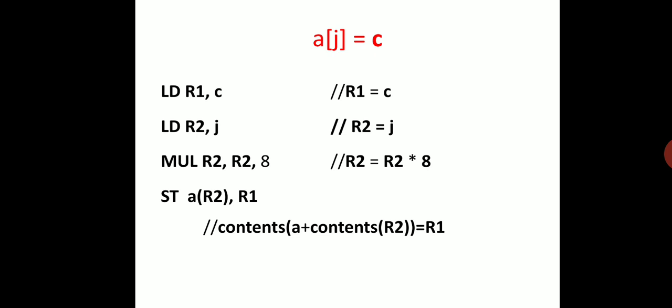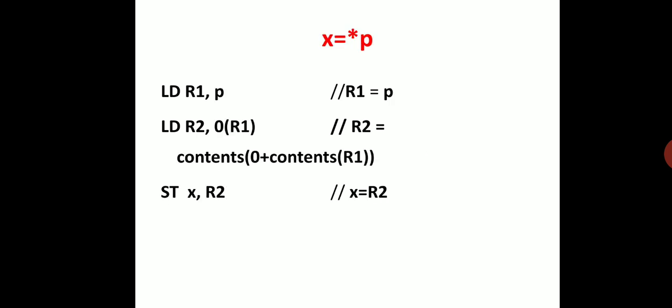That is given in the third statement, MULT R2 comma R2 comma 8, that is, j in R2 is multiplied with 8, and the result is again stored to R2. Then ST A of R2 comma R1, because R1 is nothing but C, we have to store C into A of j, and C is there in R1.